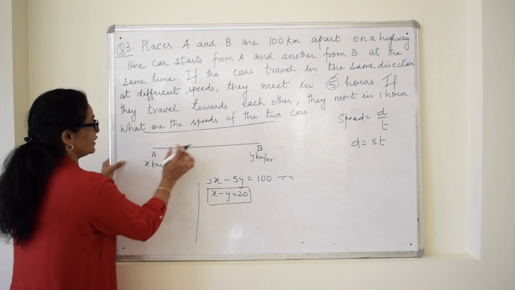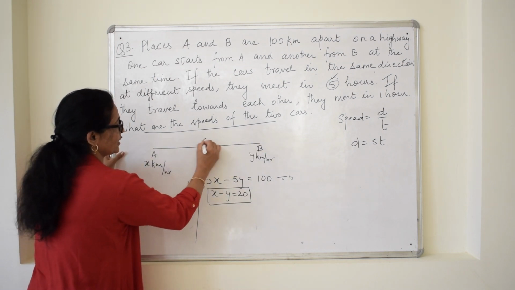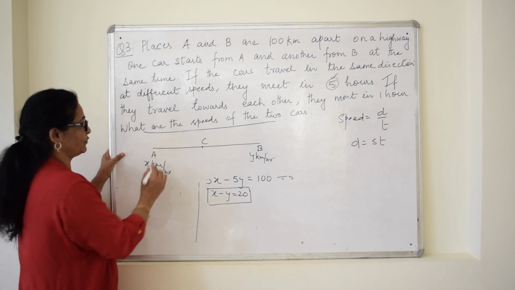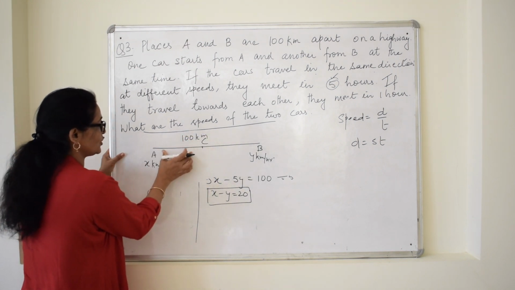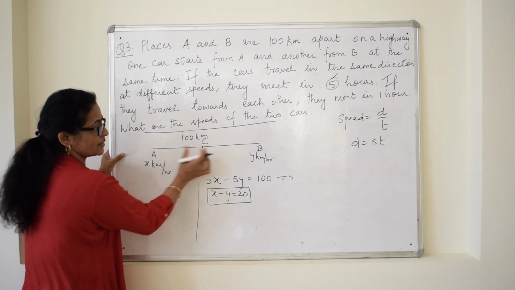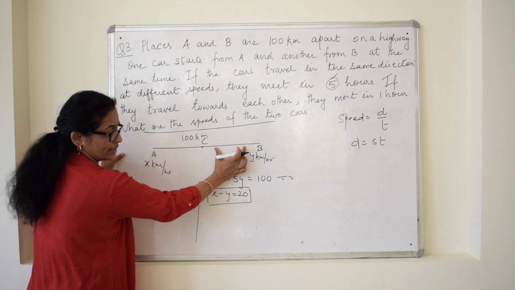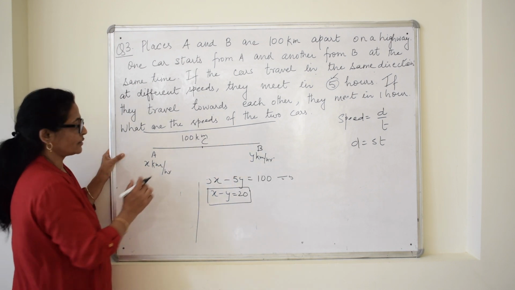Now, when they are going in opposite direction, suppose they are meeting at a point C. The distance between A and B is 100 kilometers. So the relation here will be distance covered by car A is AC, distance covered by car B is BC. AC plus BC is equal to 100.